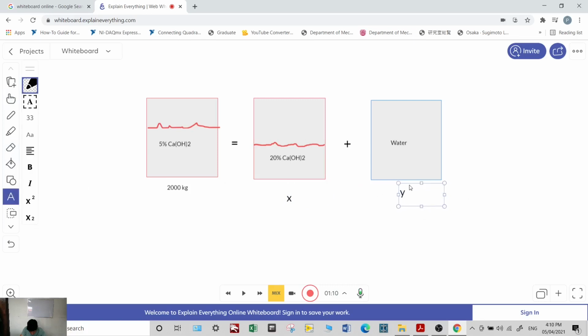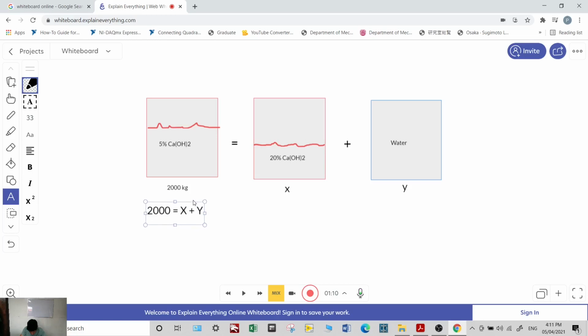So we will assume, okay, we will let x be the 20% calcium hydroxide, which is not given in the problem, plus the mass of water is y. So the first equation that you will get from this problem is 2,000 kilograms must be the total mass by adding x plus y.